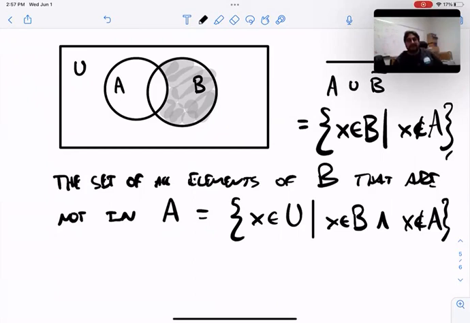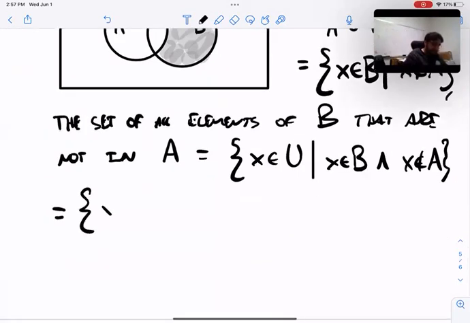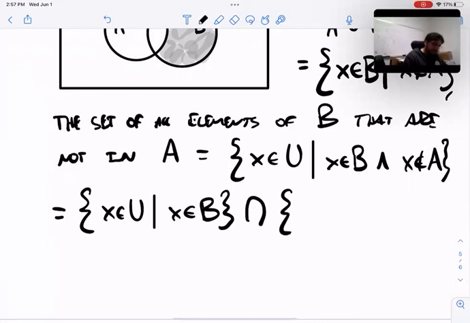Okay. I have an and in a set builder notation. So how could I express this? Well, as an intersection, right? So I could say this is the set of all X that are in B intersected with the set of all X that are not in A.